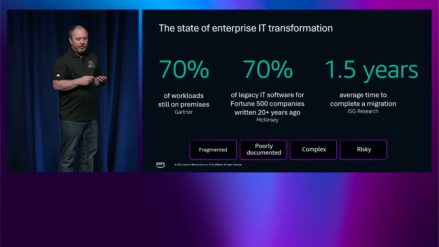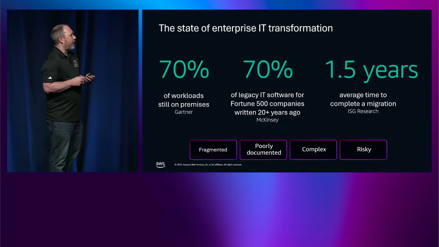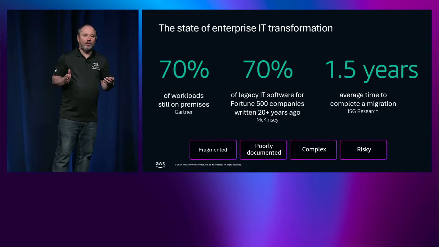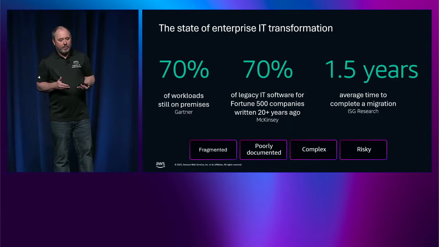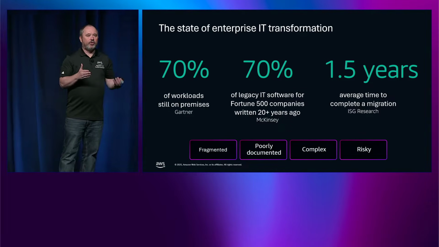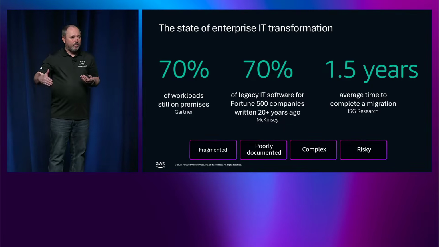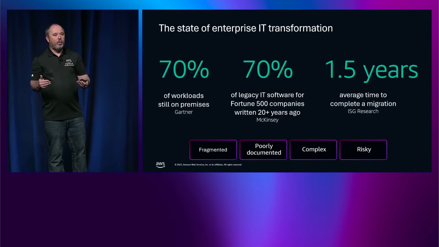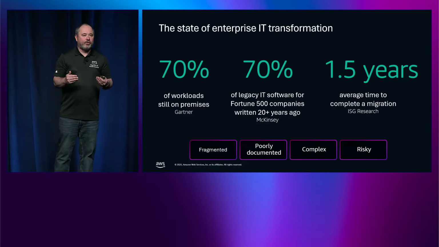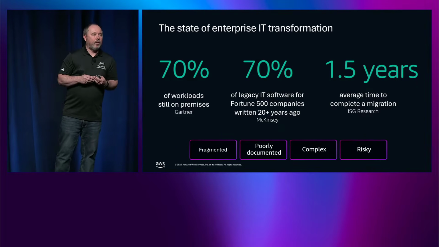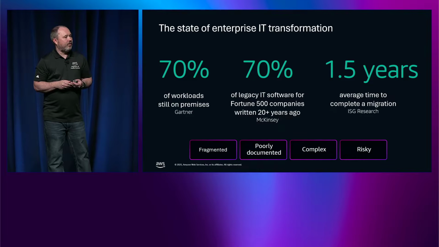And 1.5 years is the average time to migrate from start to finish, according to ISEG. So when you think about these challenges where customers are starting a migration and then working through the different waves associated with the migration, what we heard consistently was faster time to value and a better way to execute my migrations at scale using automation and the power of technology.